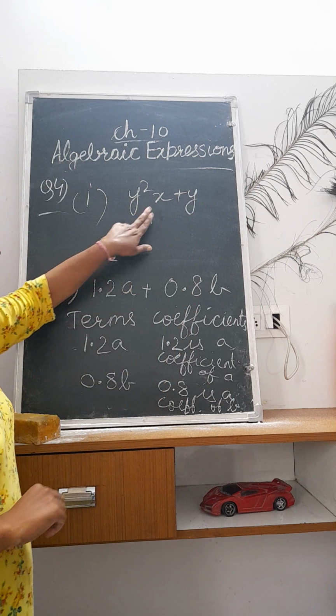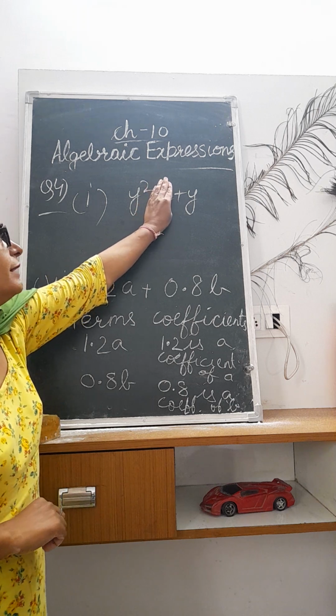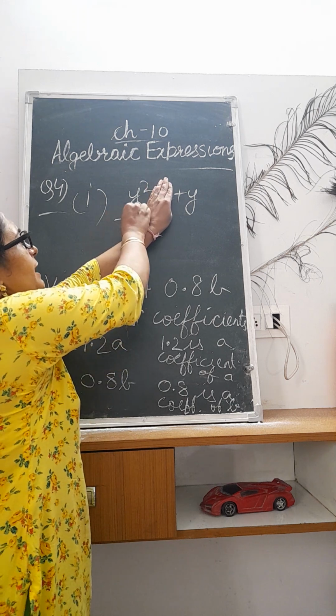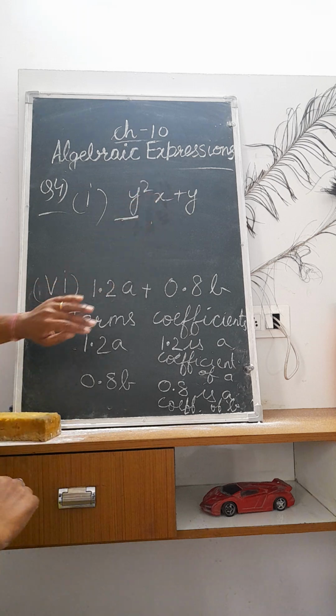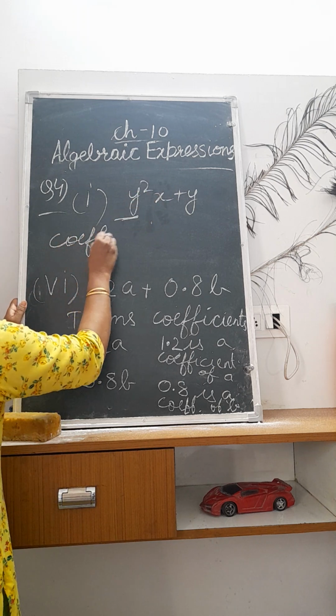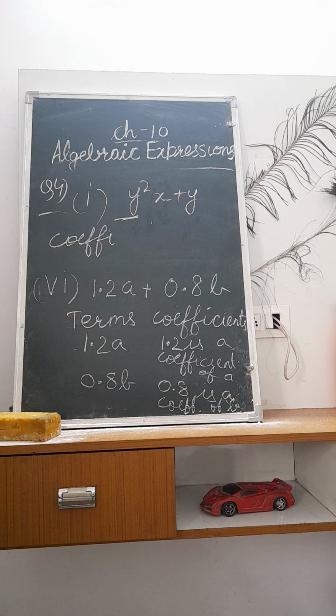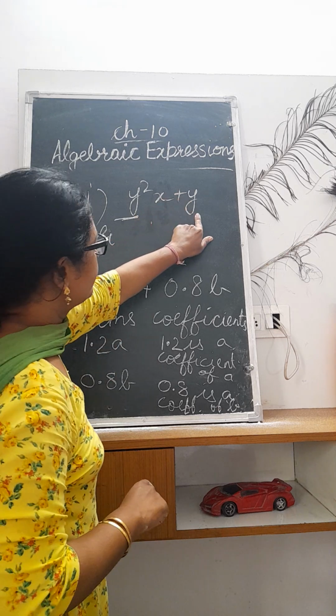So this term has x. When we place the hand over x, which term is left? Y square. We will not take the other term because they are talking only about the terms which contain x.